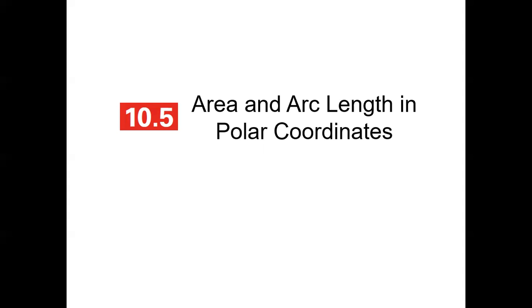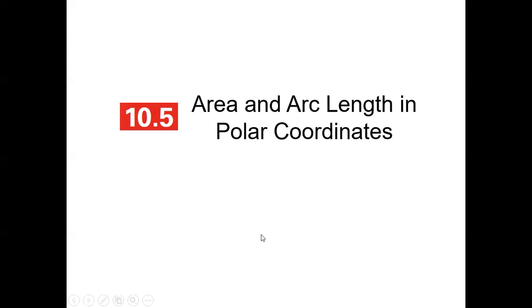We're going to see what the formula transforms into in polar coordinates, because we use them so often that it's worth thinking that through. So we'll look at arc length again in this context, and we'll also look at surface area. It should be fun.